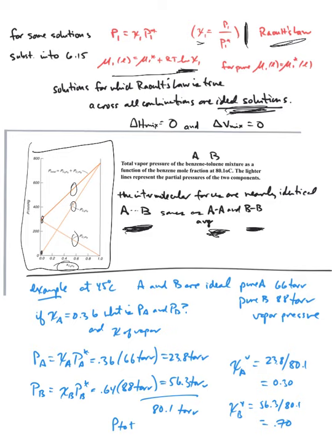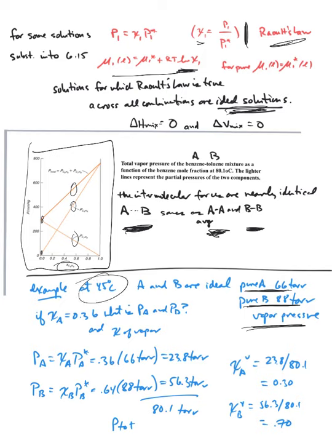So let's just do an example that brings in Raoult's law to see what kind of information you could get out of it. So I have an example here: pure liquid A has a vapor pressure of 66 torr, and pure liquid B has a vapor pressure of 88 torr at 45 degrees.